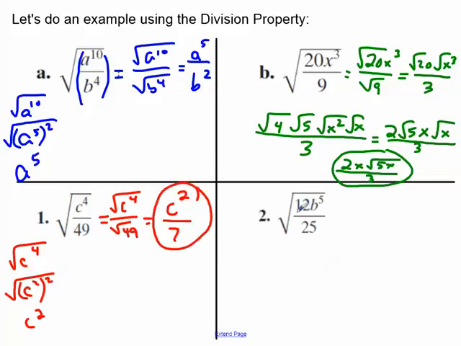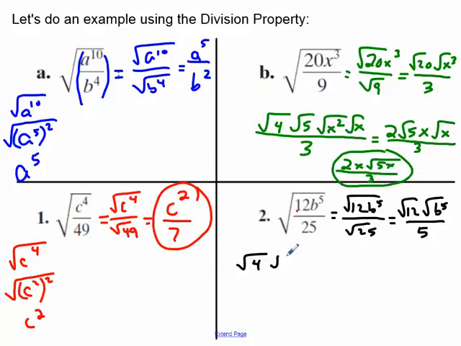This guy as well, same thing. 12 b to the 5th power over 25. Can't simplify the fraction, so we separate and conquer. Square root 12 b to the 5th power over square root 25 equals square root 12 square root b to the 5th power over square root of 25, 5. This becomes square root 4, square root 3, square root b to the 4th power, square root b to the 1st power over 5.